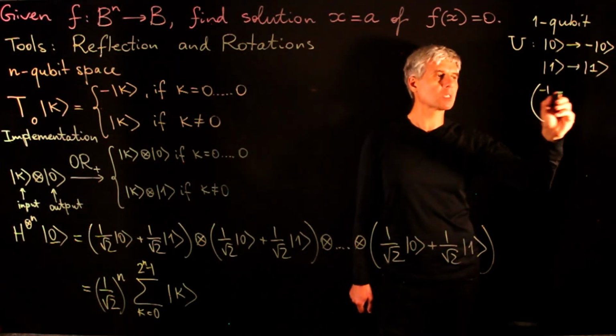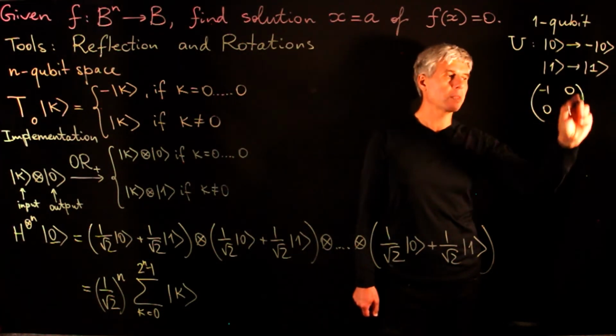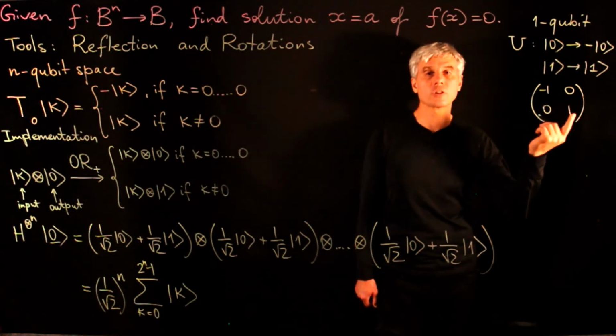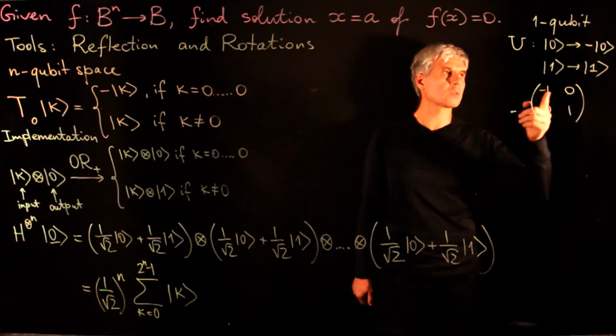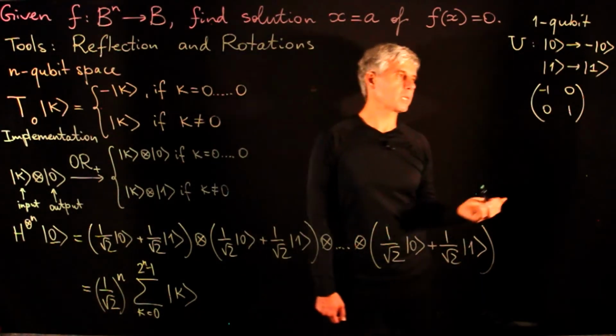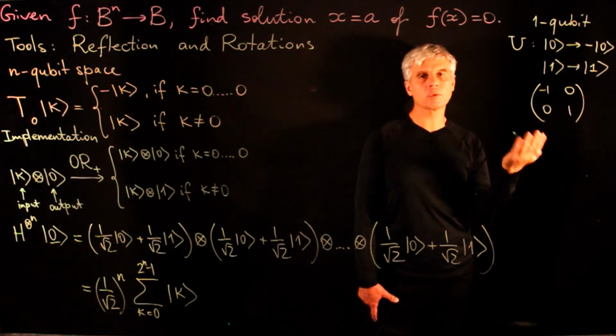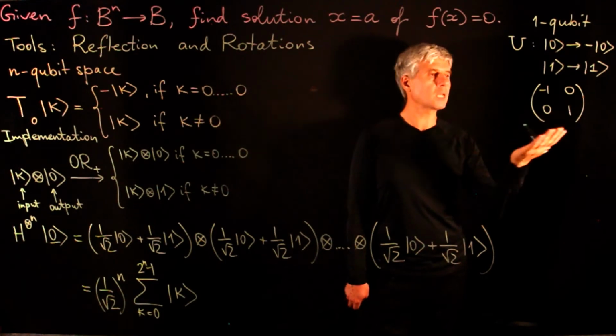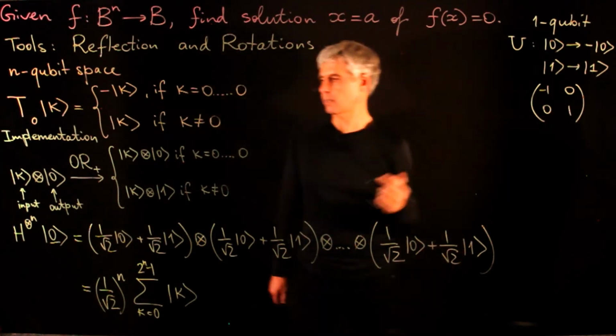The matrix of this transformation is this one. Again, we can see that this is in fact a reflection matrix. Here this is reflection in 0. But because this is a transformation on a single quantum bit, we treat this as an elementary gate.